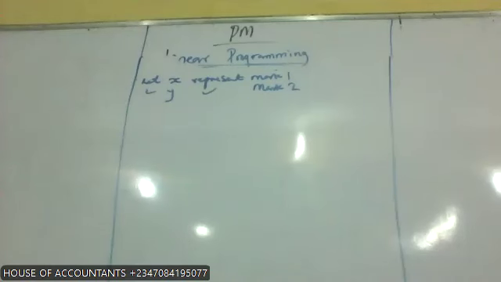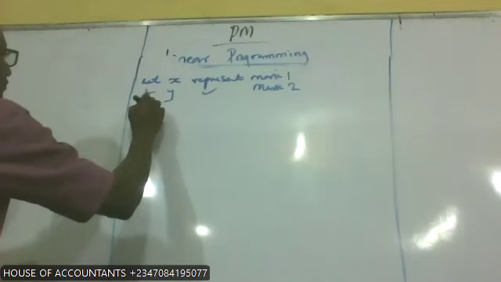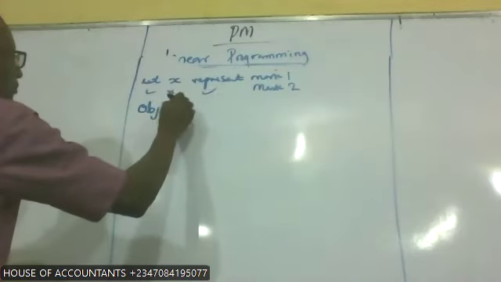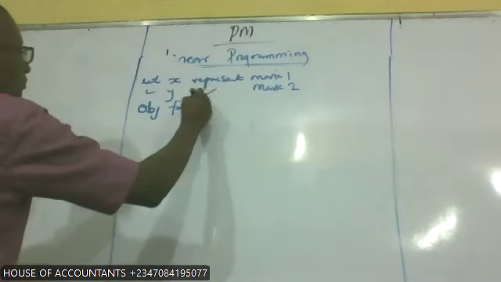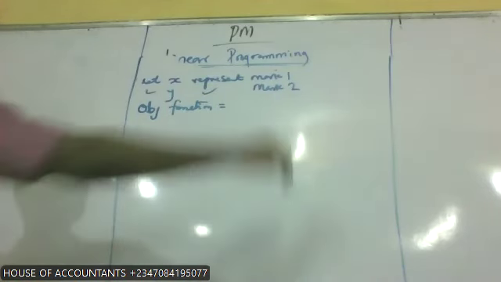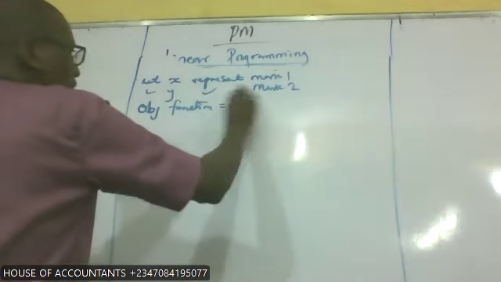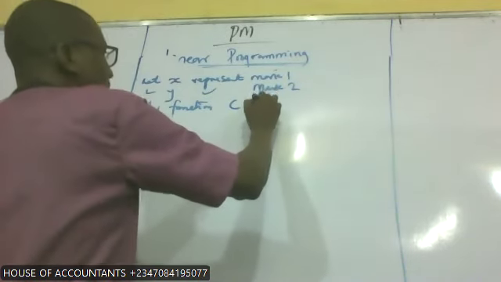What is the second thing we have to do? Objective function. Contribution equals what? 10 naira.